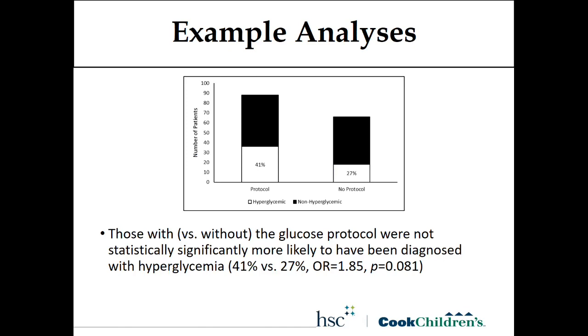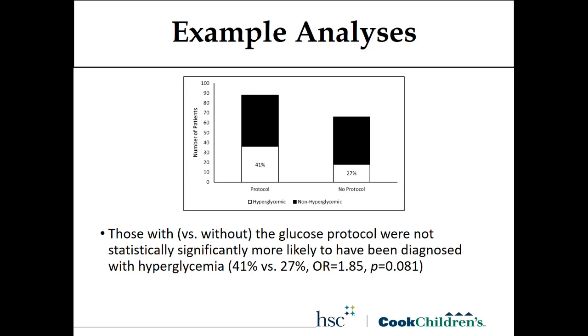The interpretation of this logistic regression is that those with versus without the glucose protocol were not statistically significantly more likely to have been diagnosed with hyperglycemia. I put in the percentages for each group, and the odds ratio, 1.85, which I just computed. The p-value is 0.081, so not less than 0.05, not significant.